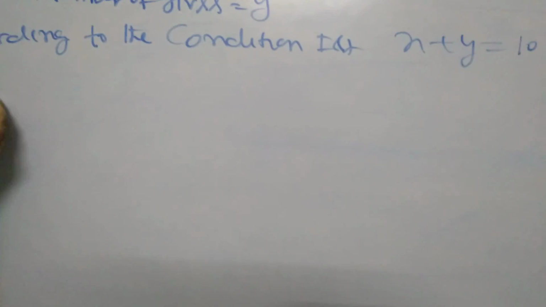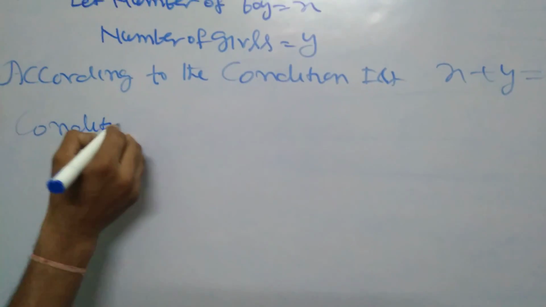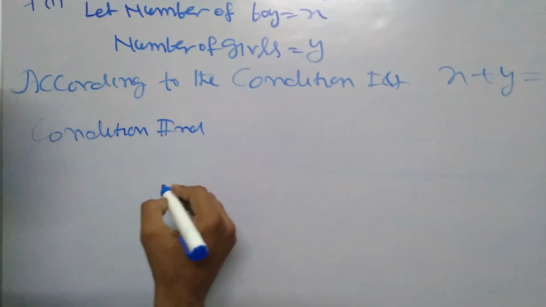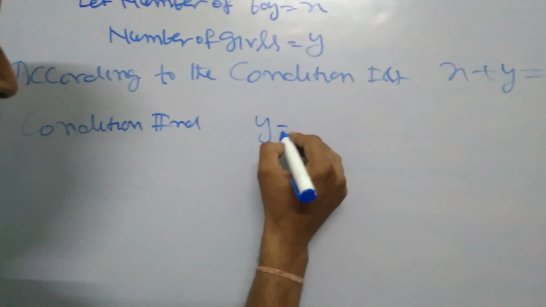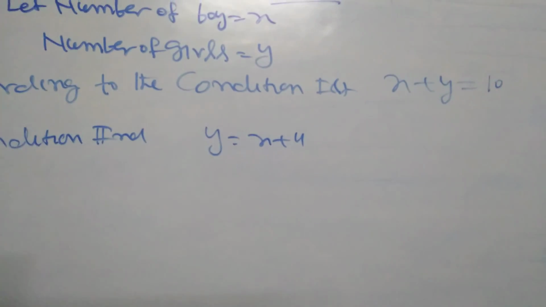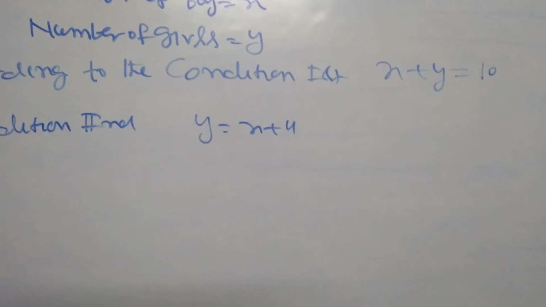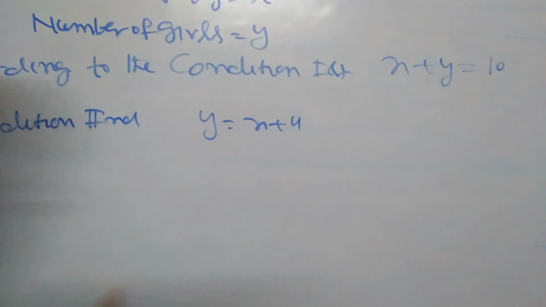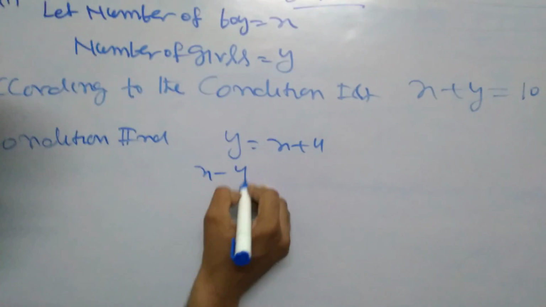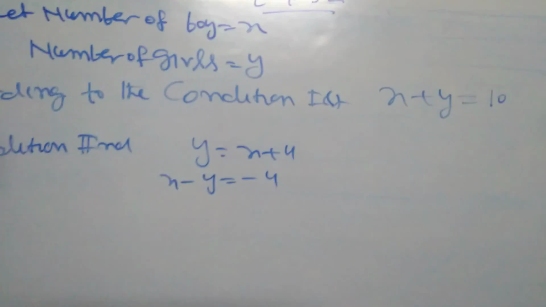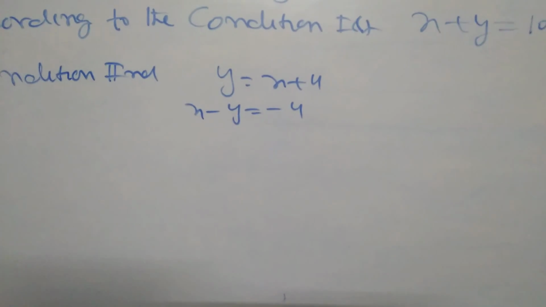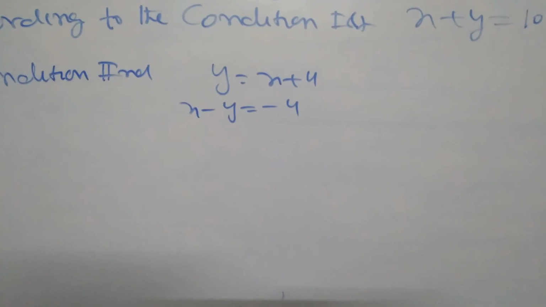Condition second, the number of girls is 4 more than the number of boys. Then y is equal to x plus 4. x minus y is equal to minus 4. We have to find out the solution.